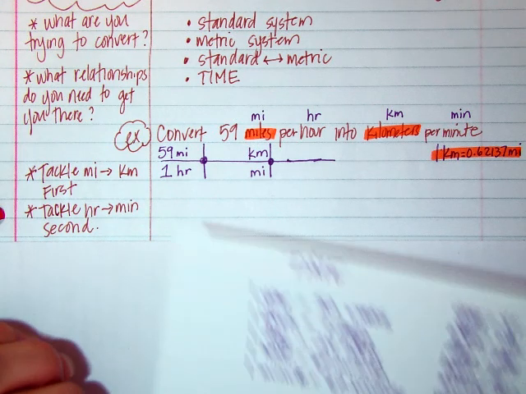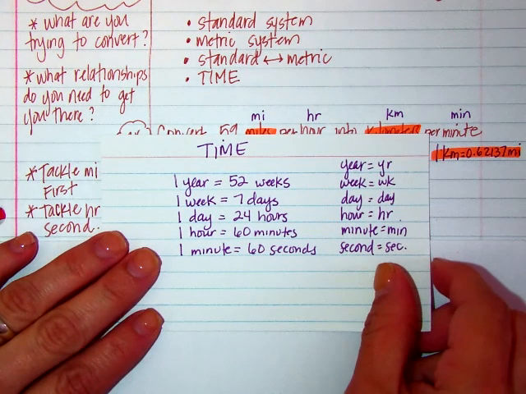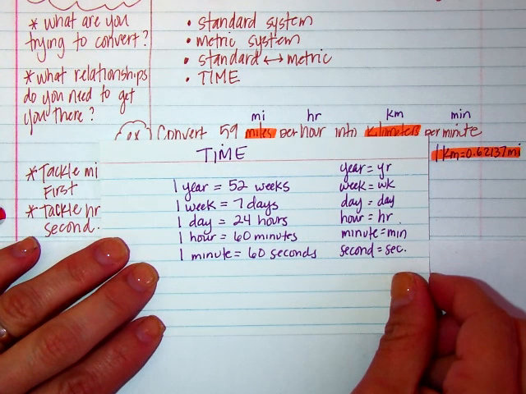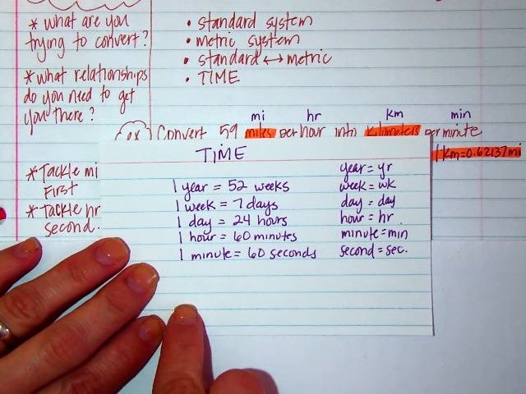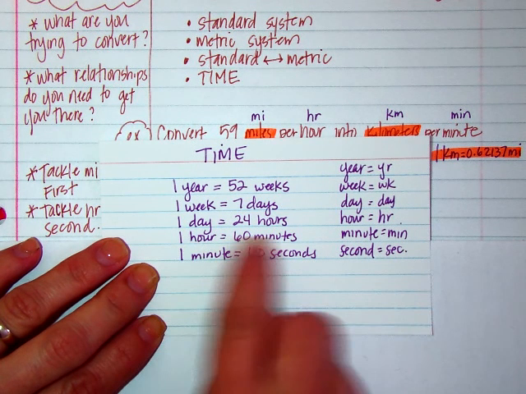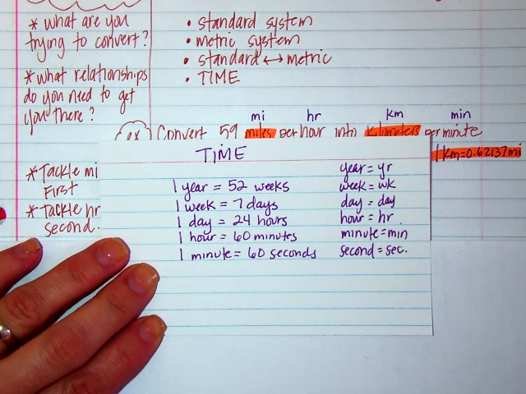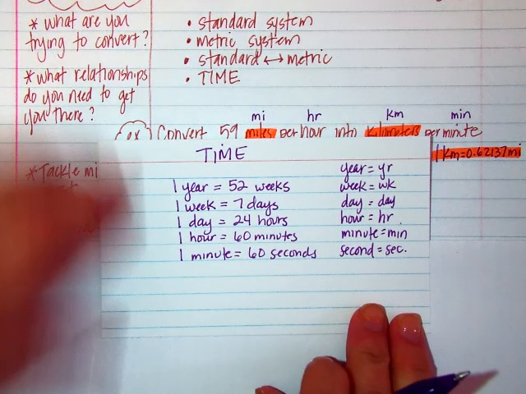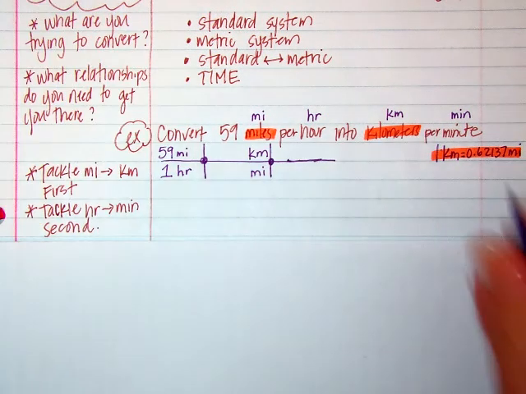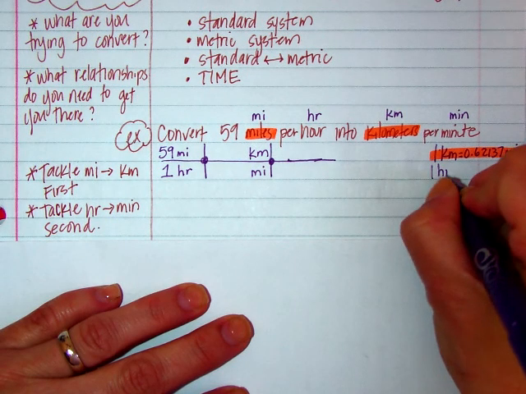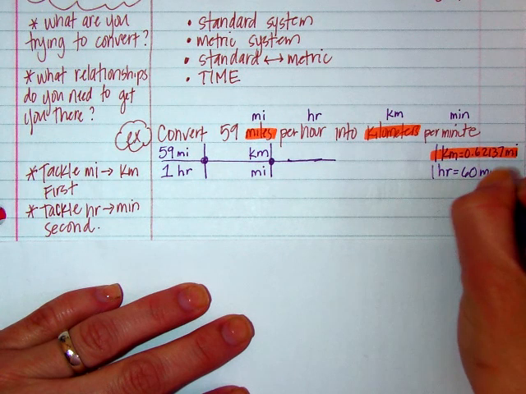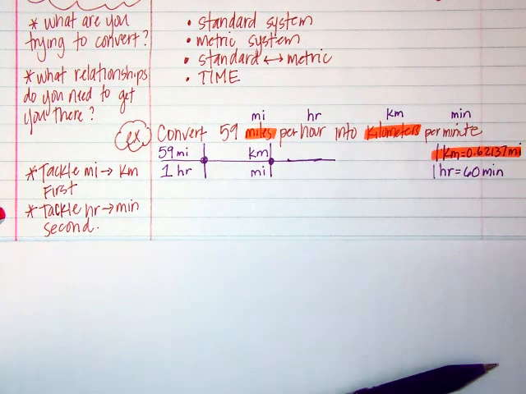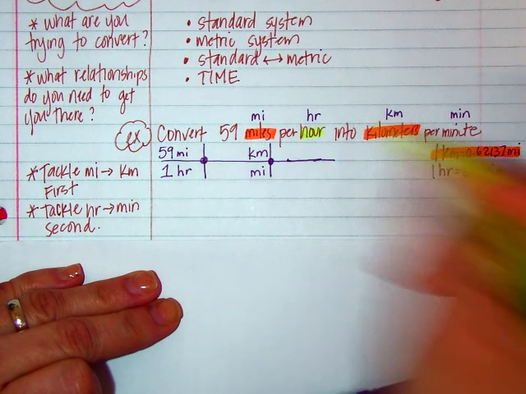So in time, can I find a relationship between hours and minutes? So it looks like I have a relationship here between hours and minutes. Perfect, so I'm going to write that down. 1 hour is equal to 60 minutes. And I'm going to highlight hour and minute in yellow.